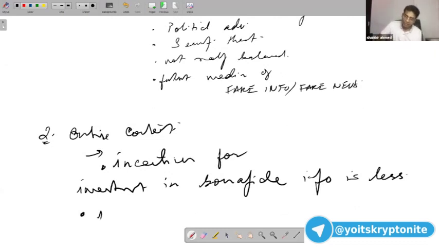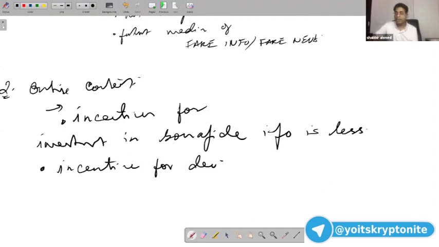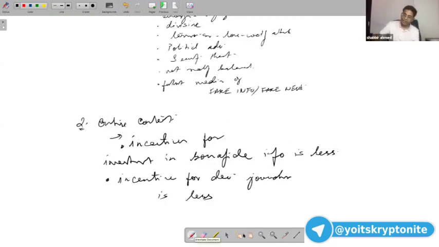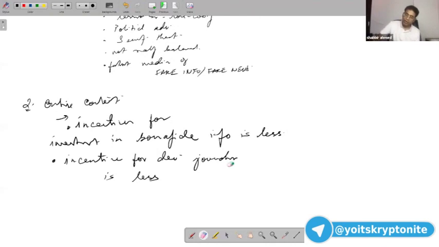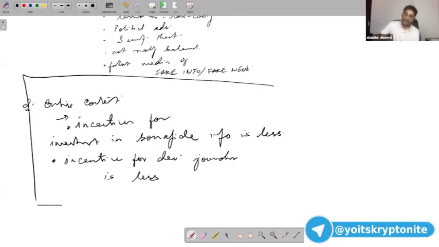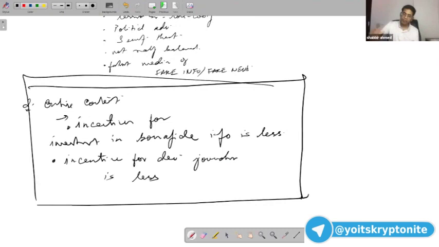The incentives for developing journalism are less. This is one of the stark realities. Because of online content, the way it is spreading, investment for bona fide information is less.